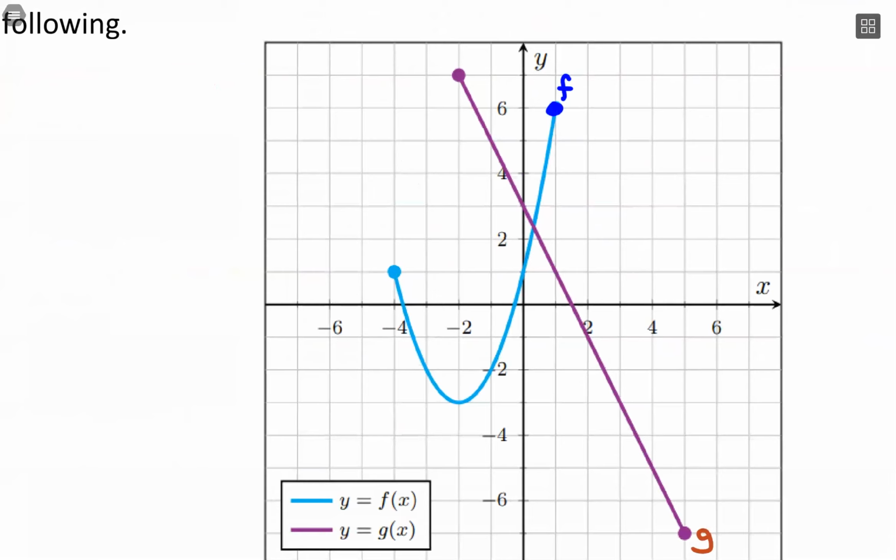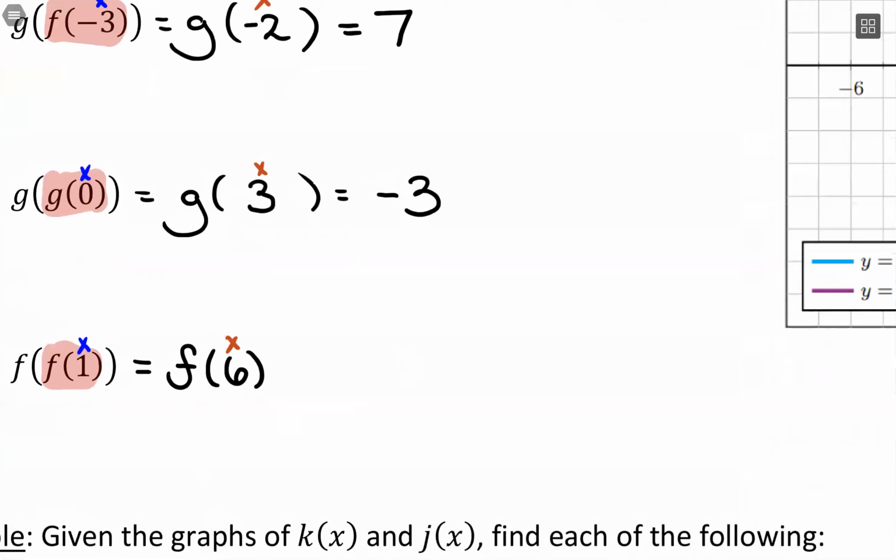When I'm at positive 6, I don't even have the other function, but I definitely don't have f of x because it's a restricted domain. It's ending at x equals positive 1. Since I'm outside of that domain, it does not exist. So I'm going to write DNE for does not exist.